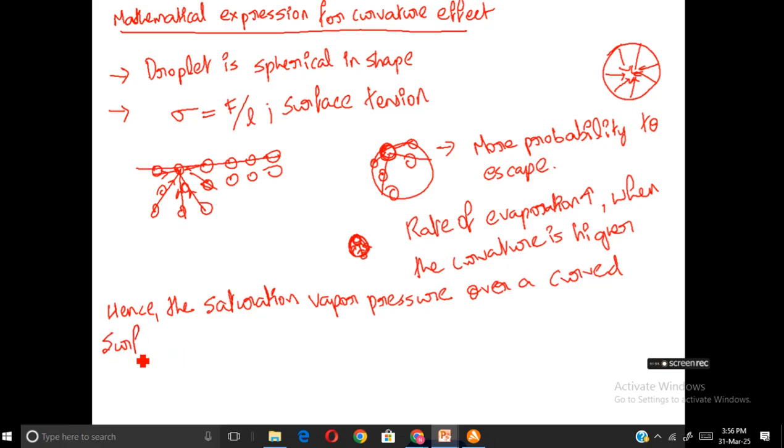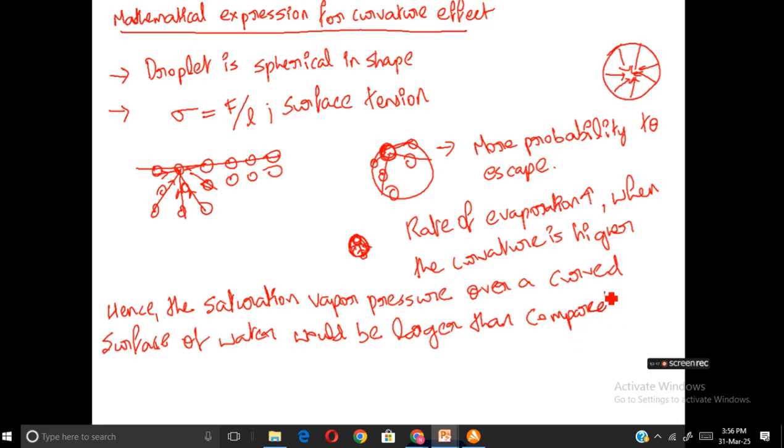The saturation vapor pressure that is required to keep the curved surface in equilibrium would be larger compared to a plain surface of water, because of the curvature.